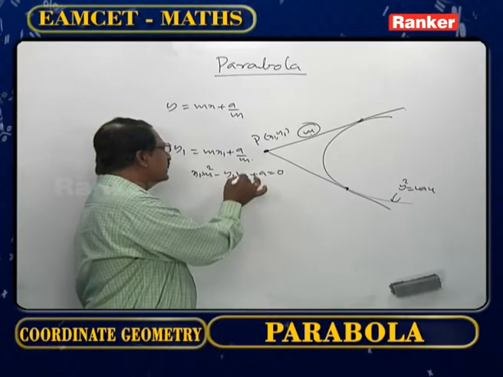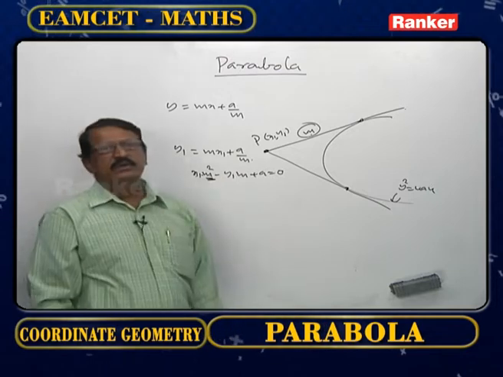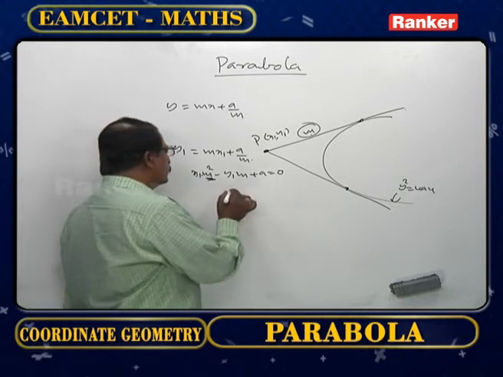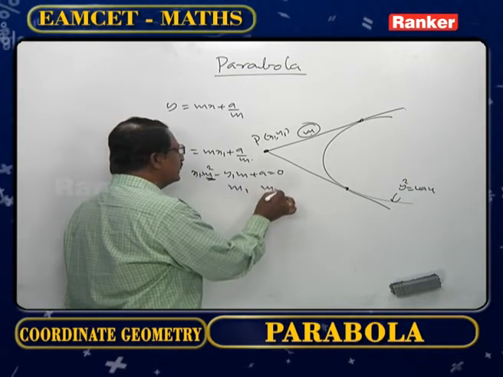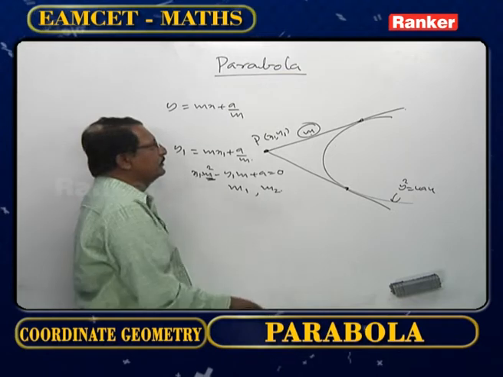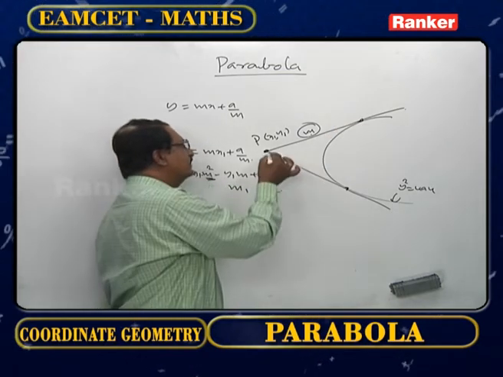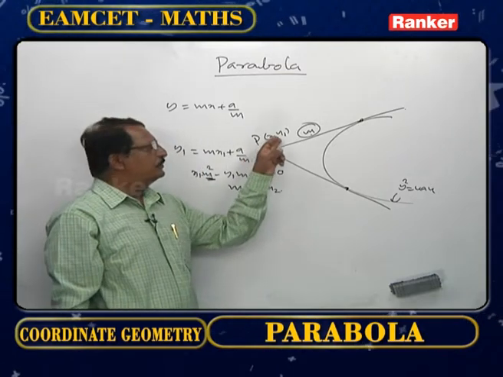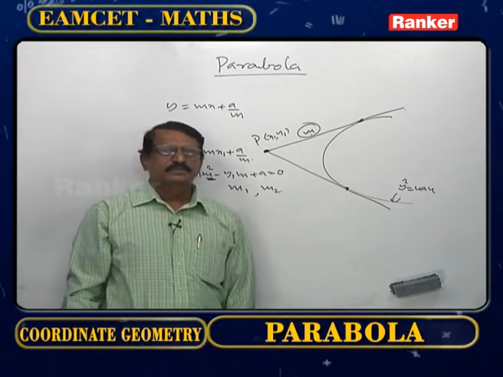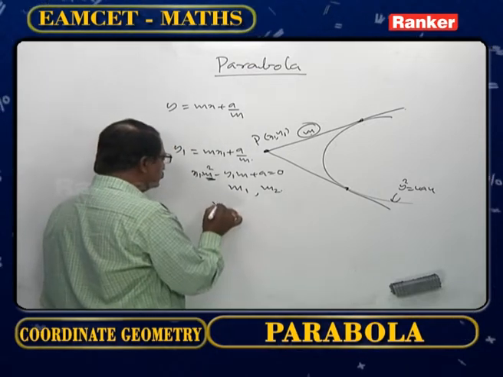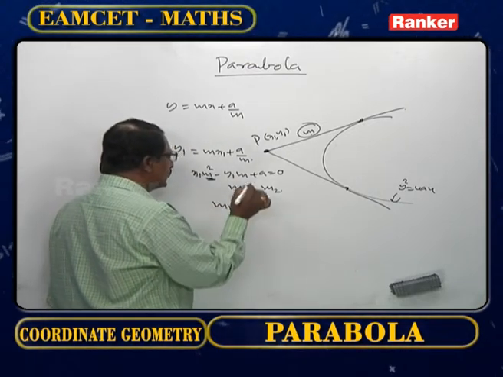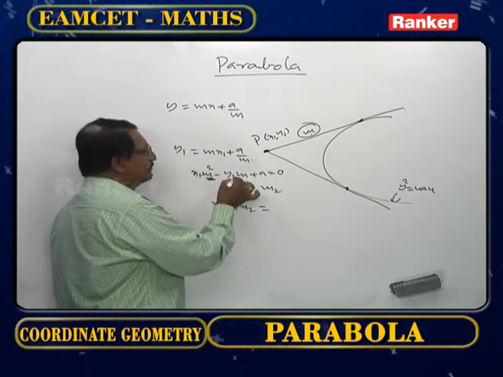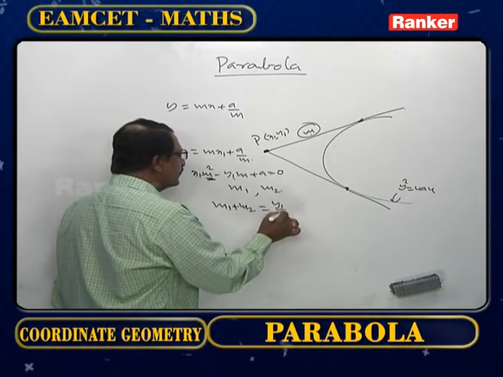Now this is a quadratic equation in terms of m, and a quadratic equation always has two roots. Consider the roots m1 and m2. Then m1 is the slope of one tangent and m2 is the slope of the second tangent, both passing through P(x1, y1). The sum of roots is minus b by a, which equals y1 by x1.